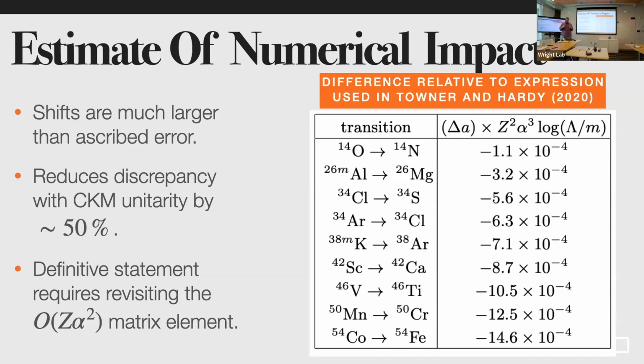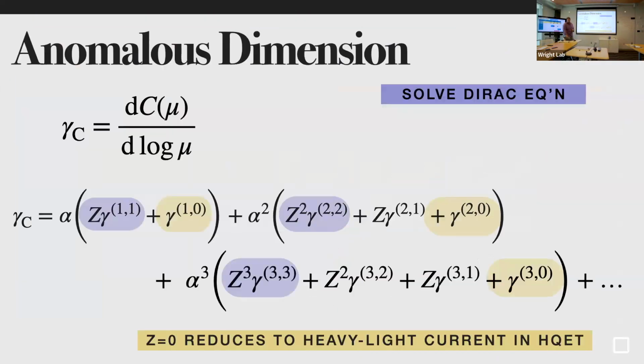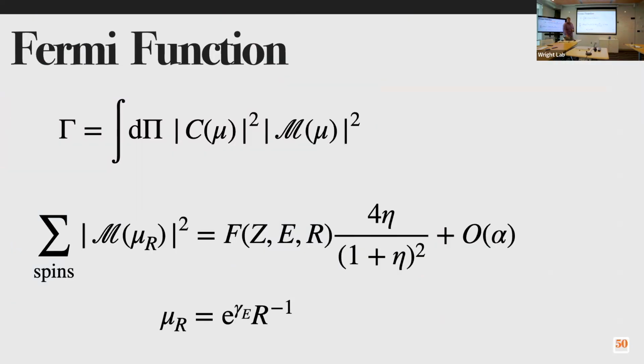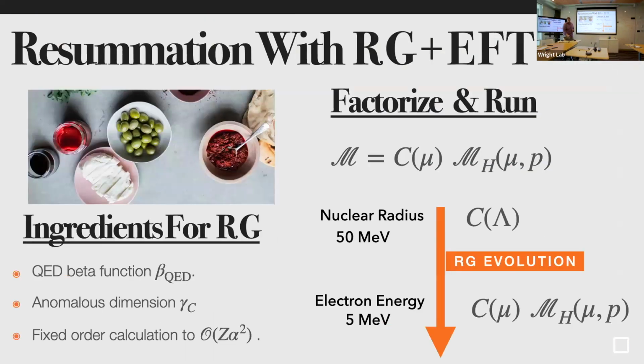So in an on-shell scheme, you're still going to have large logs. That's right. But basically, if you do the on-shell scheme, maybe there's another way to phrase this that can be most clearly done. It seems you just have less freedom there.